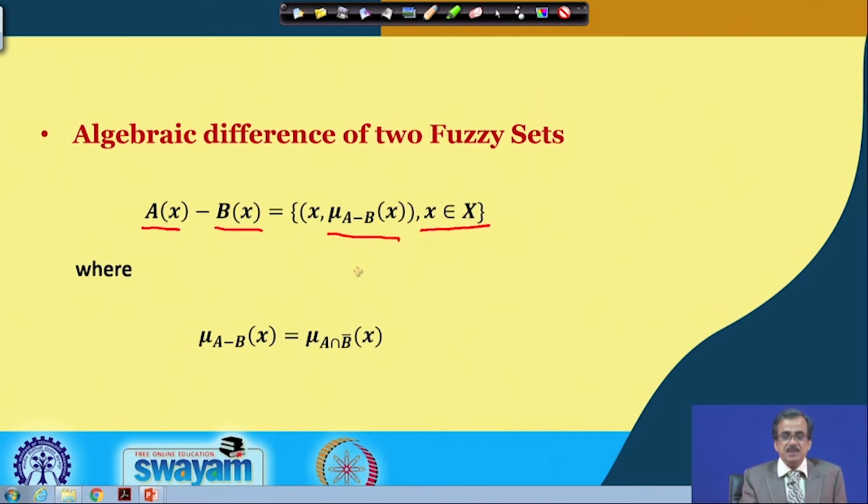Now, how to define this? The mu A minus B(x) is defined as mu A intersection B bar(x).